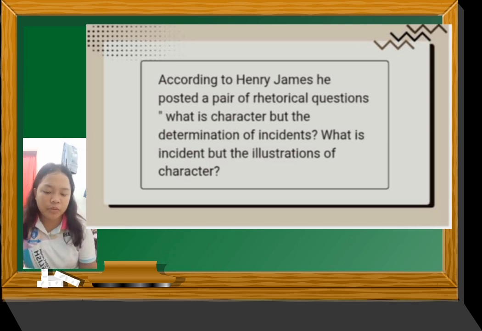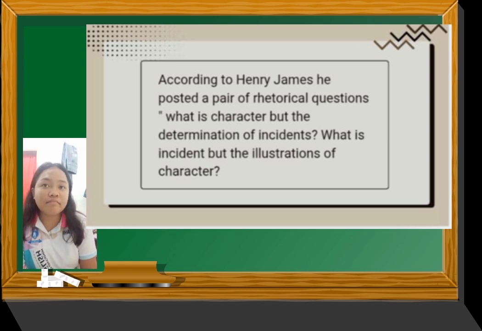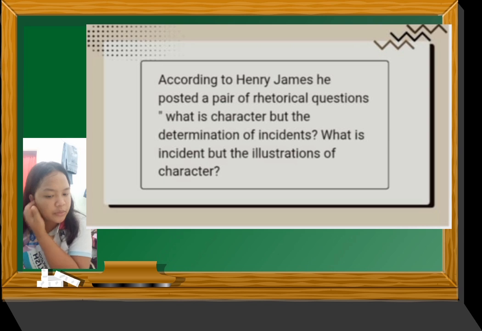I have also another example of a character determining incident in a school setting. For instance, during a group project, you notice that a teammate plagiarized their assignment or activity.